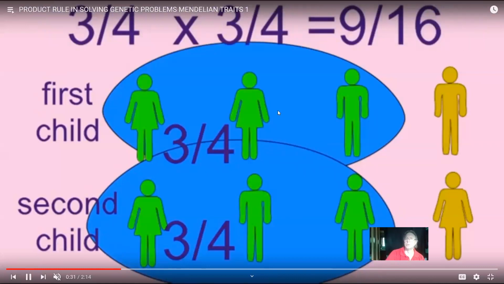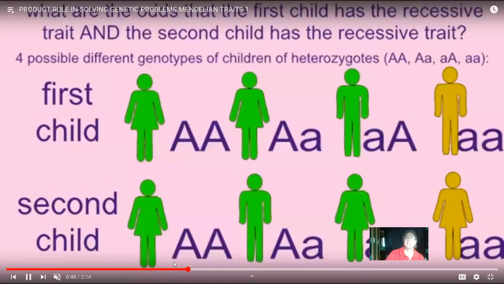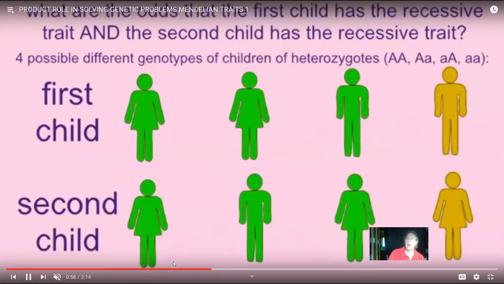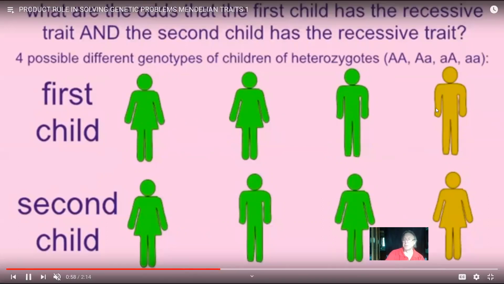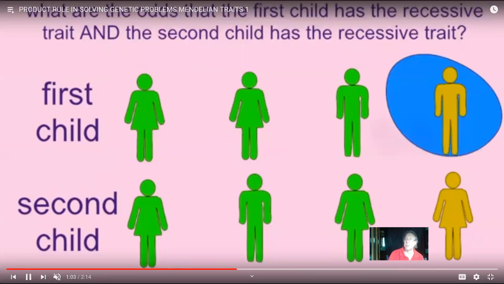Once again, this was the rule of the product. What are the odds that the first child has the recessive trait and the second child has the recessive trait? Well, if 1/4 of the children have the recessive trait, the odds that the first child would have it would be 1 in 4. The odds that the second child would have it would be 1 in 4.